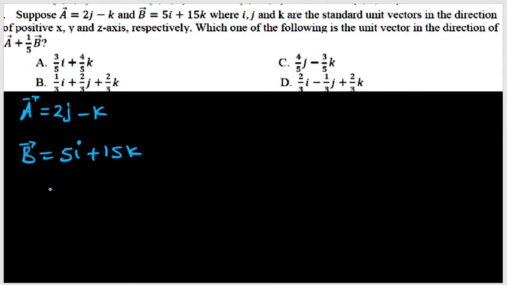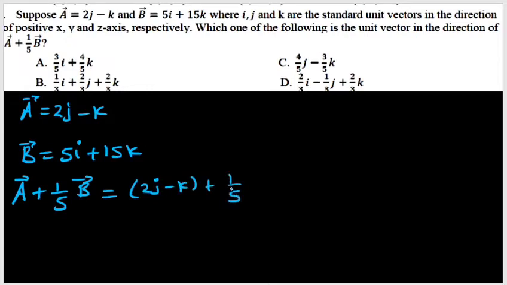First of all, let's find A plus 1/5 B. What is A plus 1/5 of B? The A vector is 2j minus k, plus 1/5 of the B vector, which is 5i plus 15k.